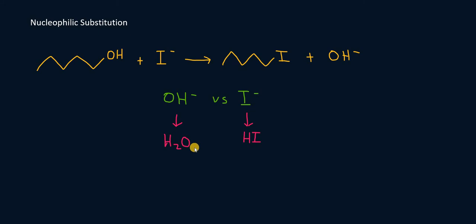So remember what we said when we talked about Bronsted-Lowry acids and bases. If your acid is really strong, that makes your base really weak. So if HI is a really strong acid, that means that I minus, which is the conjugate base, is very weak.